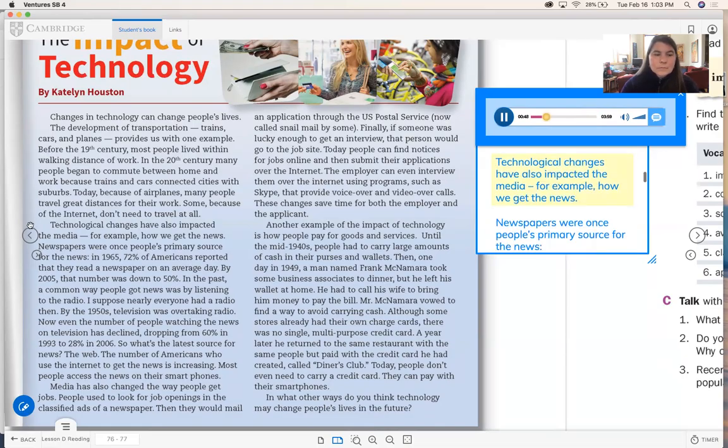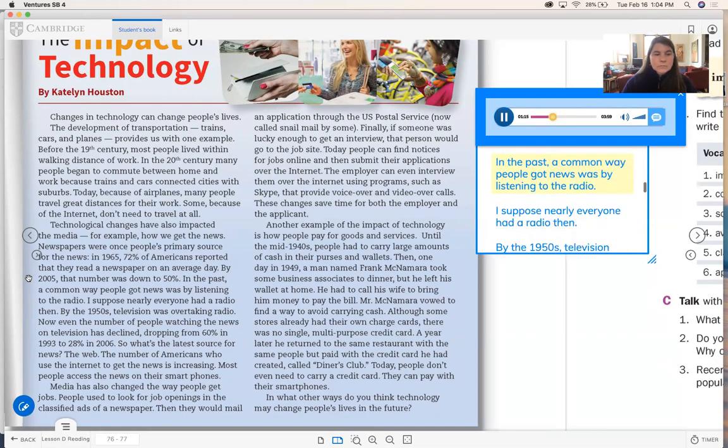Technological changes have also impacted the media. For example, how we get the news. Newspapers were once people's primary source for the news. In 1965, 72% of Americans reported that they read a newspaper on an average day. By 2005, that number was down to 50%. In the past, a common way people got news was by listening to the radio. I suppose nearly everyone had a radio then.